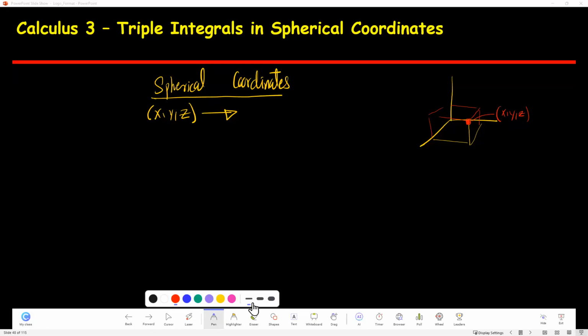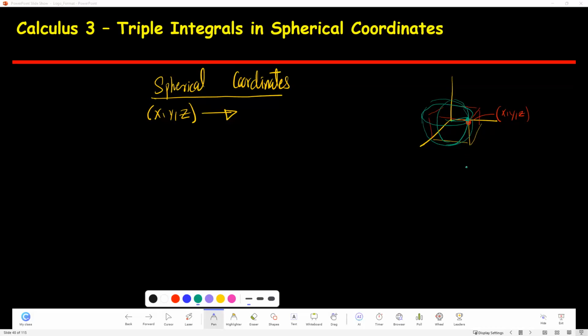In spherical coordinates, you reach out to this point in a different way. You make a line like this, and this is like a complete sphere. You can also make it go around like this.